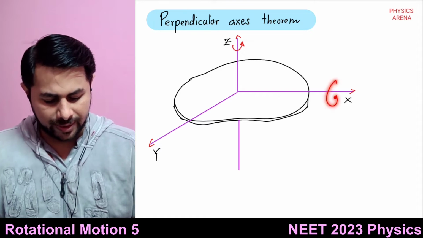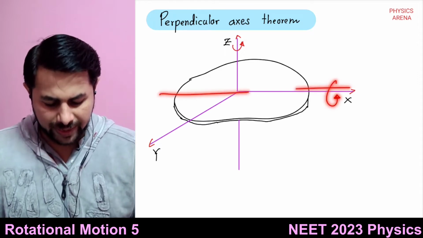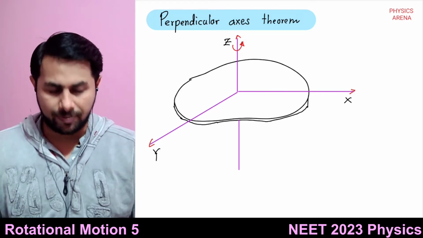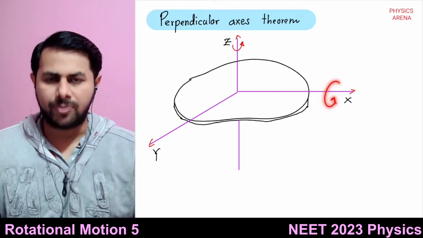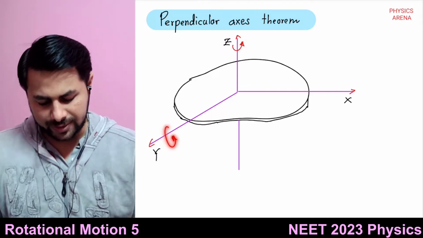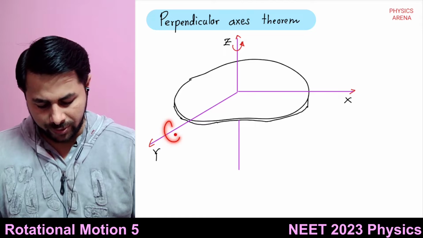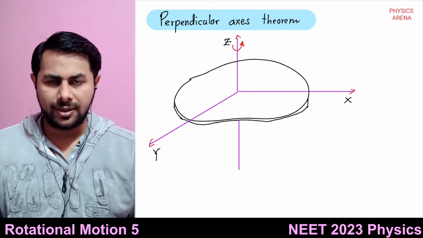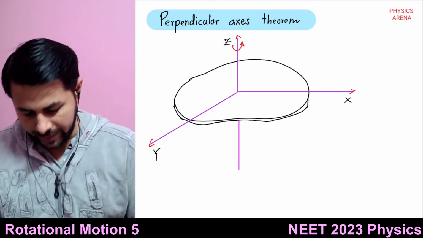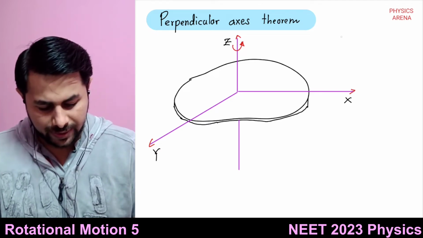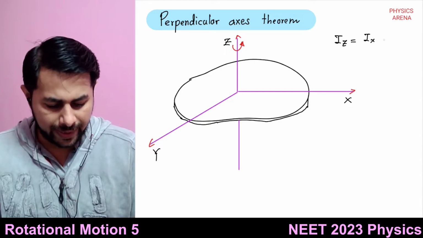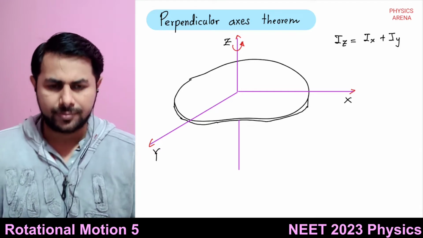If it rotates about the x axis, which lies in the plane and passes through the center of mass, its moment of inertia is Ix. If it rotates about the y axis, its moment of inertia is Iy. Then the perpendicular axis theorem says that Iz is equal to Ix plus Iy.